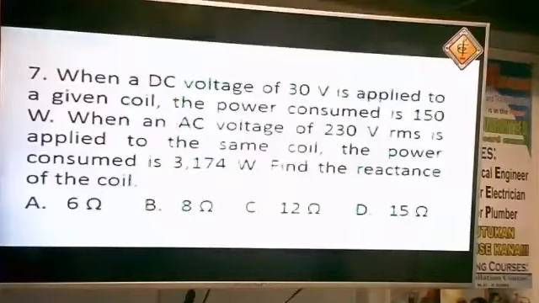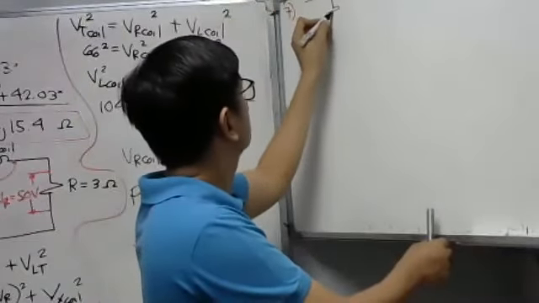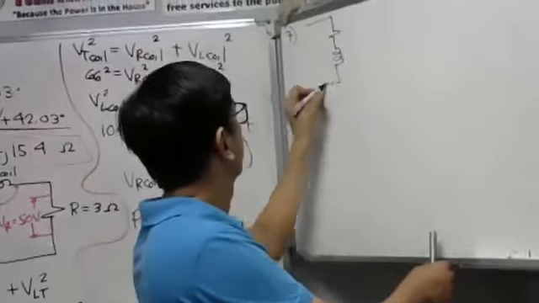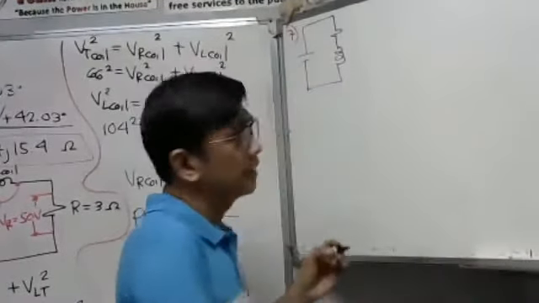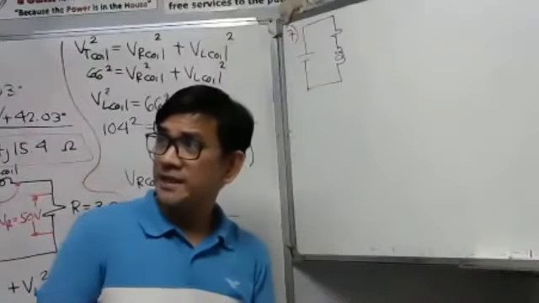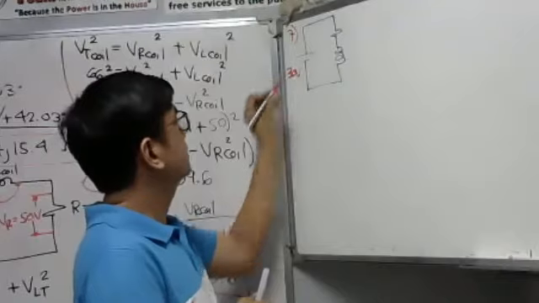So what will be the reactance of the coil? Okay, so we have here our first, the coil is connected with DC source. It's connected to DC source. How much? A DC voltage of 30 volts. So we have here 30 volts.